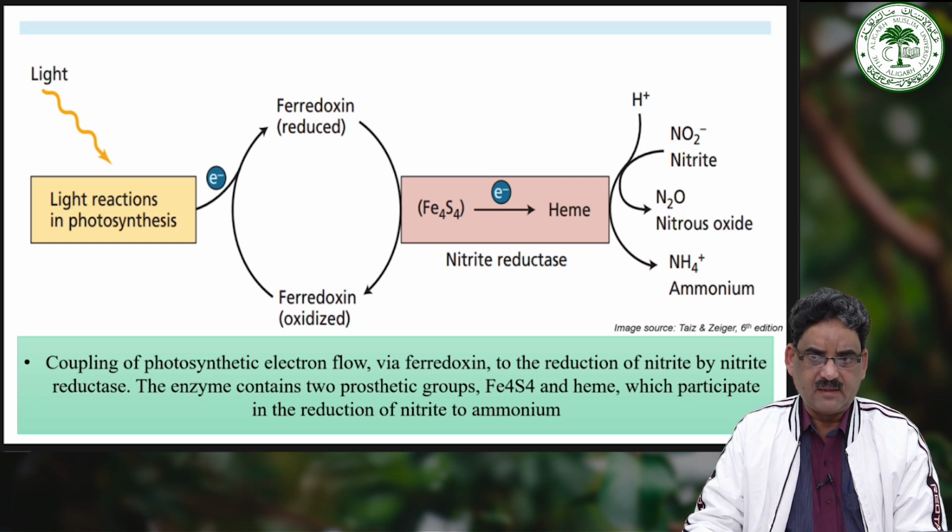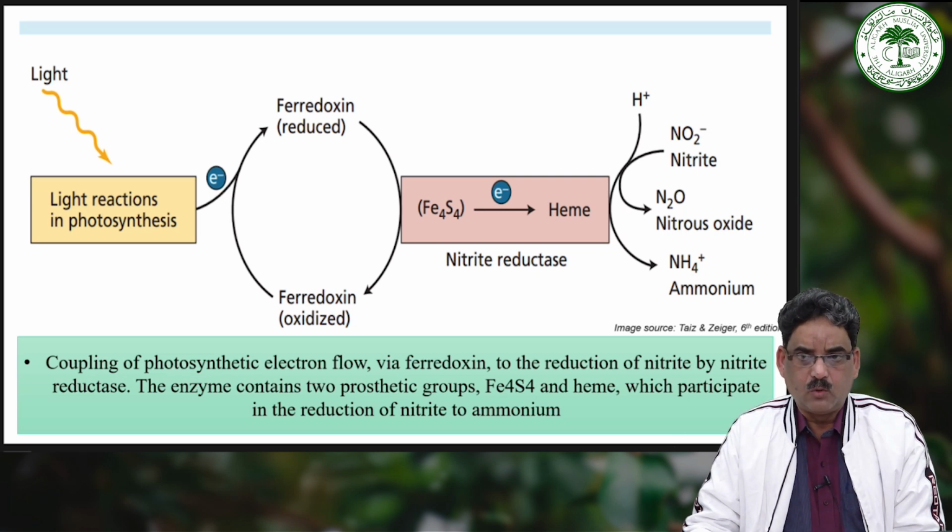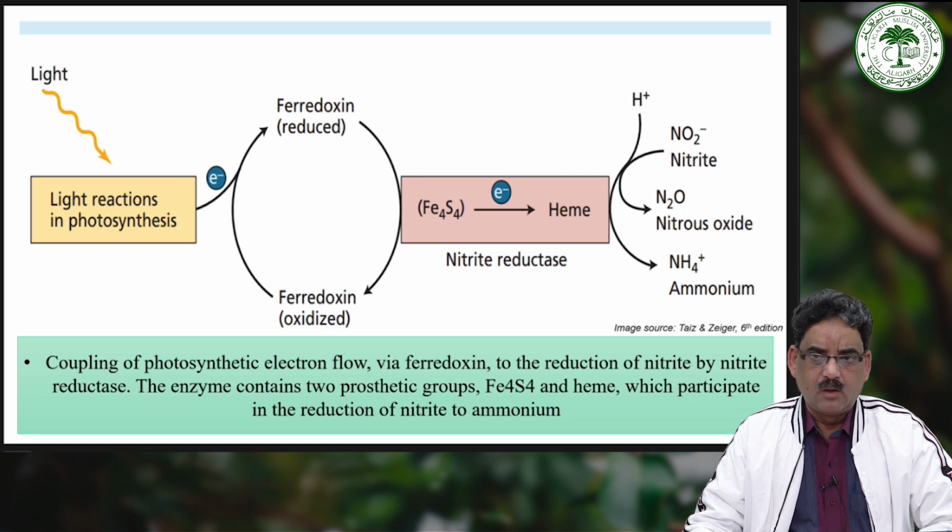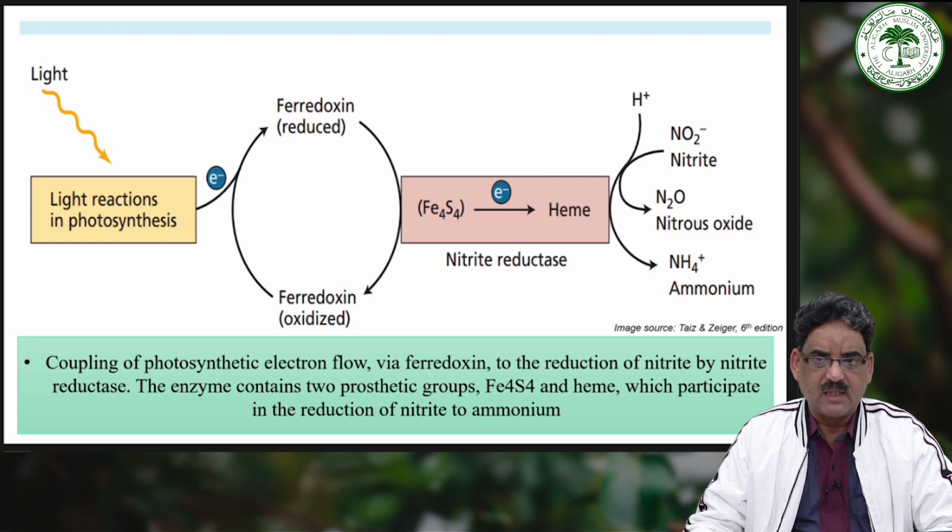The 4Fe-4S cluster acts as an electron carrier, accepting electrons from ferredoxin and delivering them to the active site of the enzyme. Meanwhile, the heme group facilitates the transfer of these electrons to the nitrite molecule, initiating its reduction to ammonium through the coordinated action of reduction and the prosthetic groups within nitrite reductase.